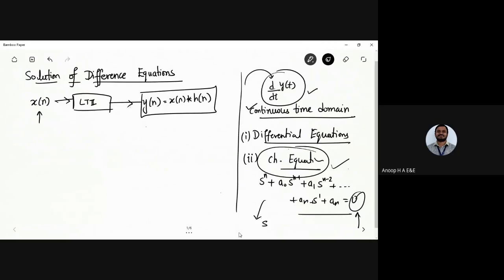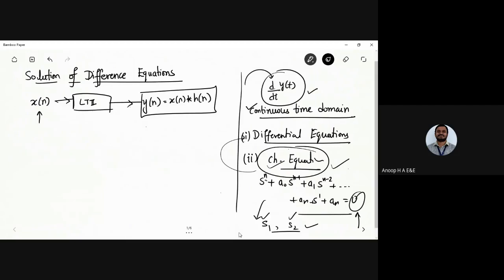Once I have the roots, depending on the highest power, say s1 and s2, we had s squared plus 3s plus 2, and when it is equated to 0, I have two roots, s1 and s2. These are called the nature of the roots. The nature of the roots is entirely dependent on the characteristic equation that is formed, and the characteristic equation directly results from the differential equation that has been modeled.